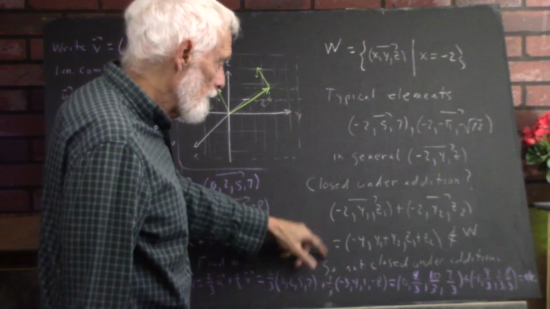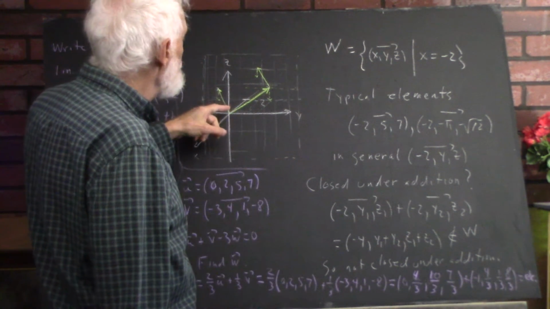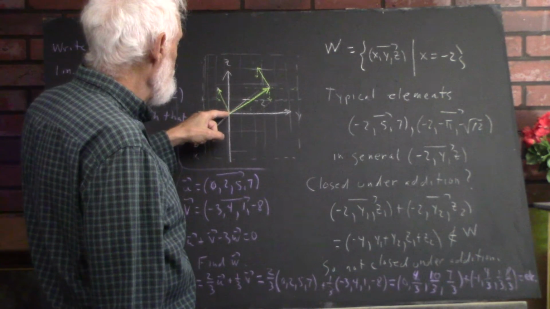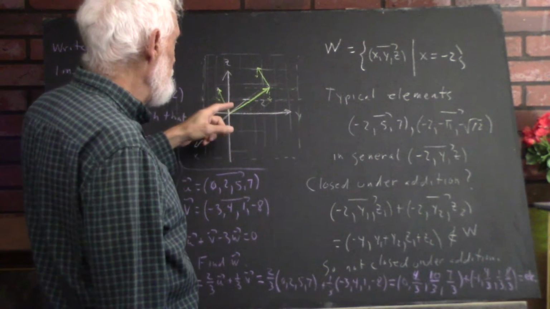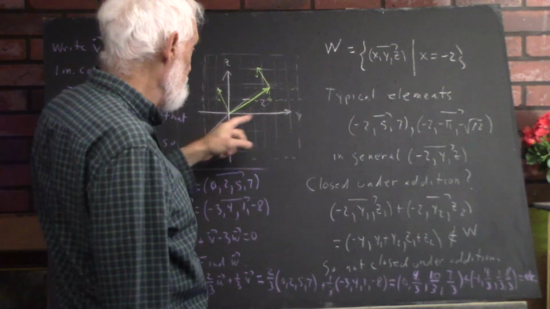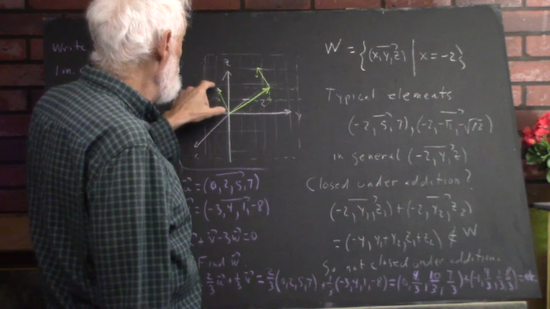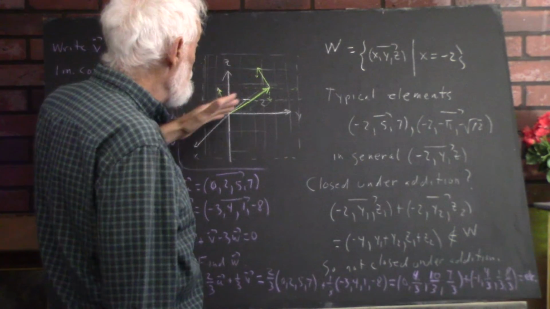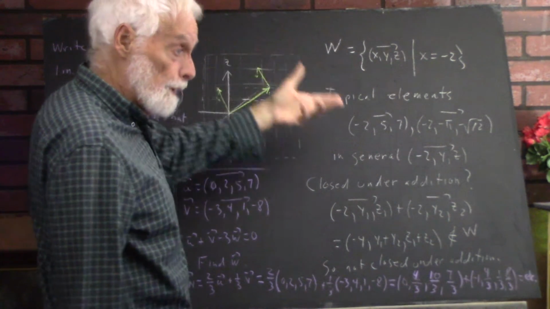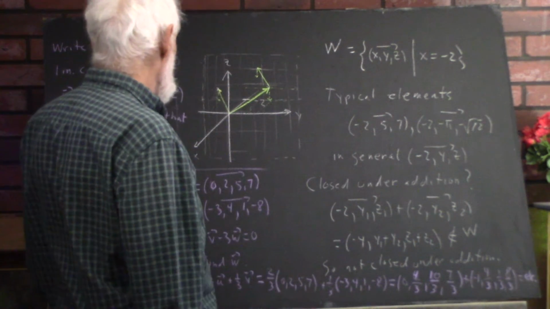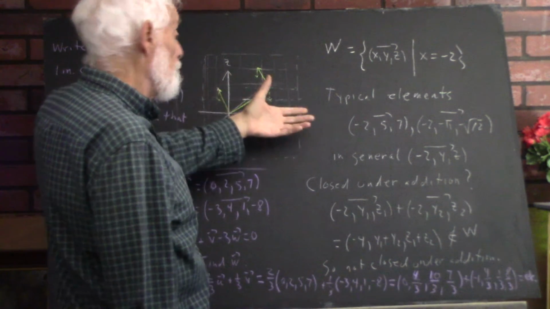And that's analogous to what I did here. If I double this vector, well, this vector takes me 2 units back. If I double it, it's going to take me 4 units back from the origin. It's not going to be on this plane. So neither adding 2 vectors from the plane nor multiplying a vector by any number but 1 is going to take us off the plane.